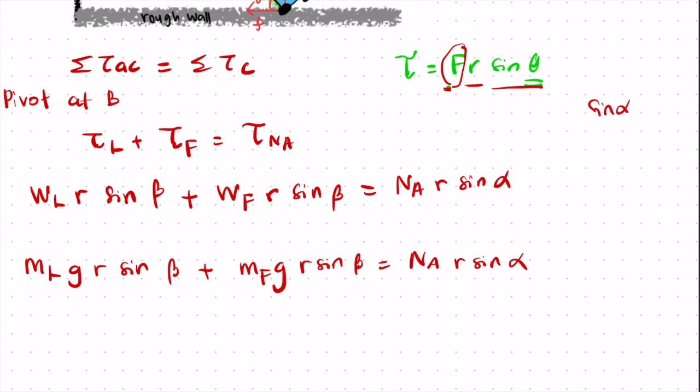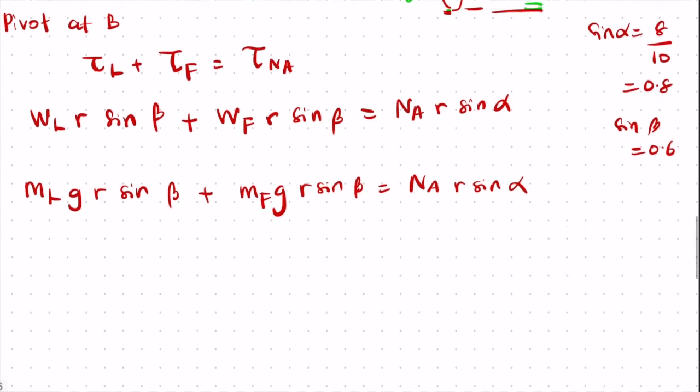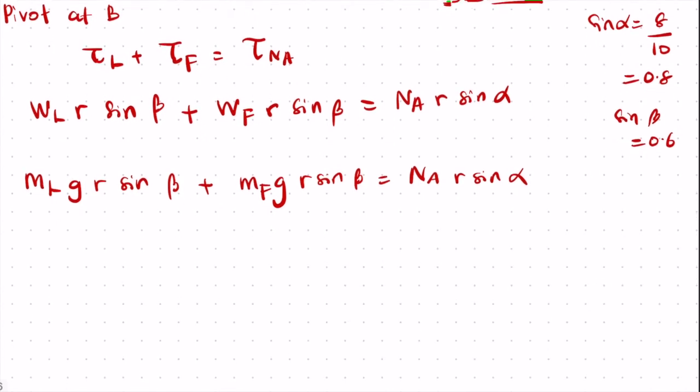Again, sin alpha, as we calculated before, is 8 over 10, which is 0.8. Sin beta is 0.6. Okay, then when we substitute the value, because we want to have NA, the difference here is the distance for MF. For MF, the distance is changed to 7.